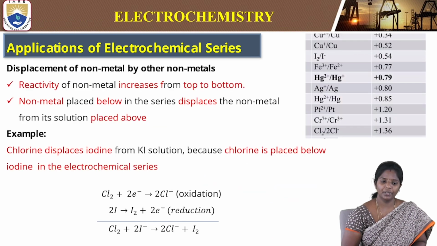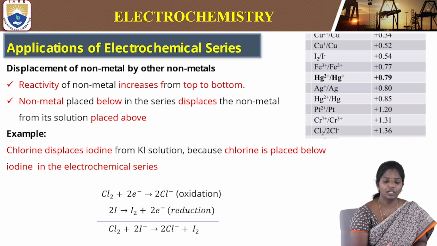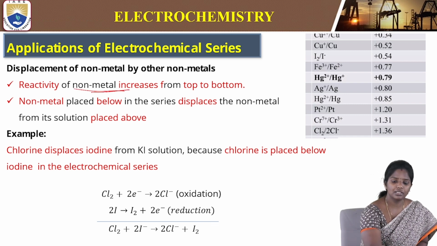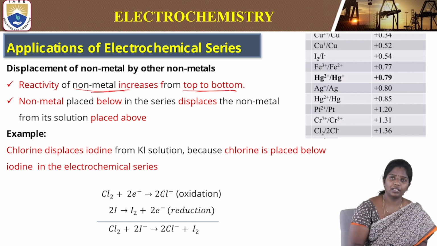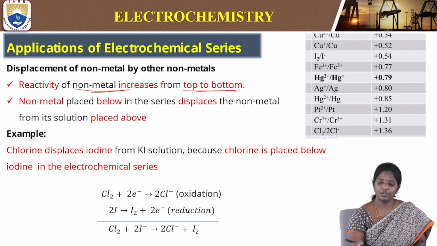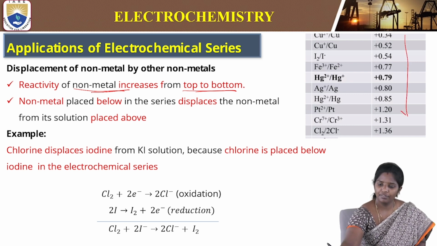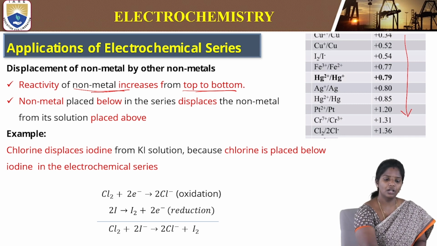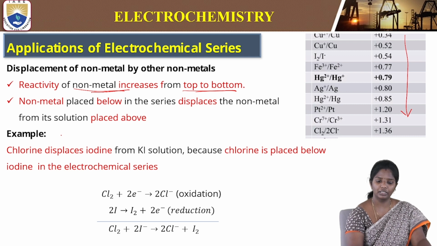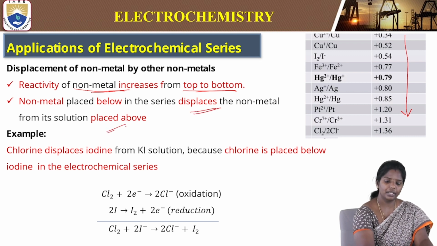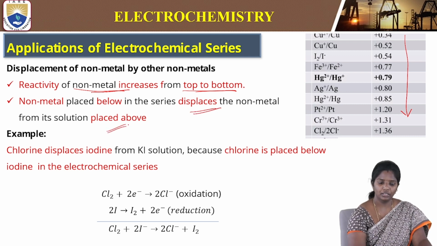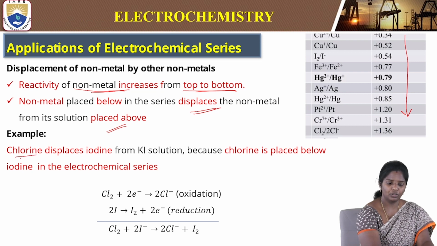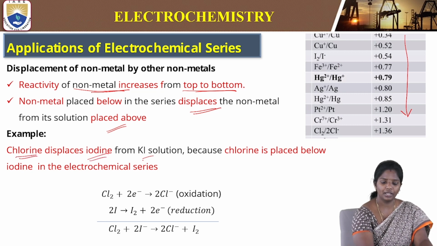Then the other application is the displacement of non-metals by other non-metals. The reactivity of non-metals increases from top to bottom, so a non-metal placed below in the series displaces a non-metal placed above it. For example, chlorine displaces iodine from KI solution.